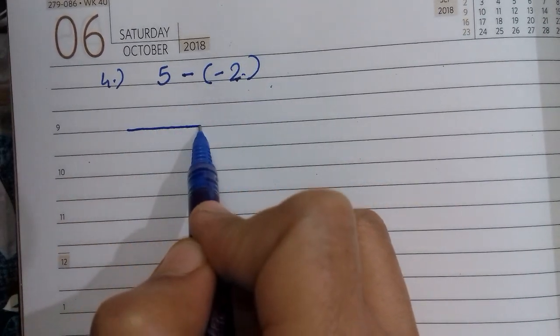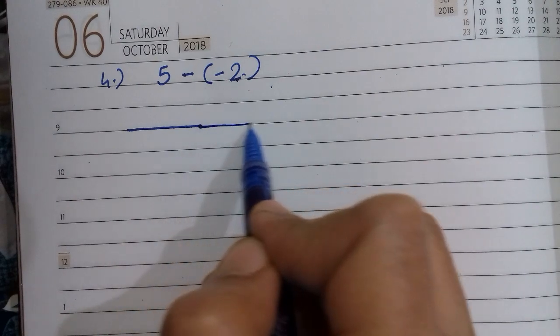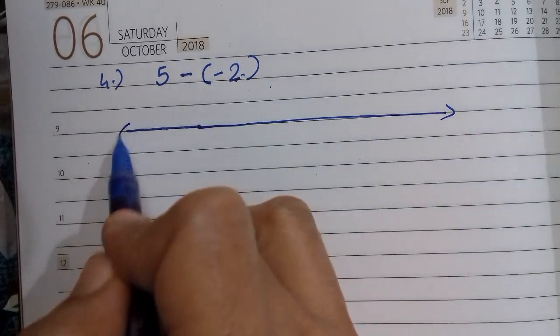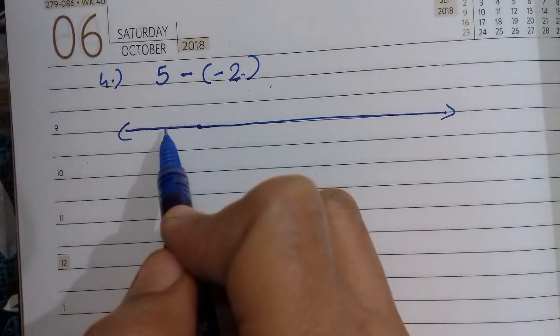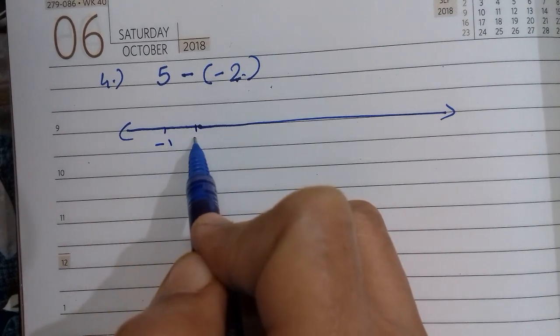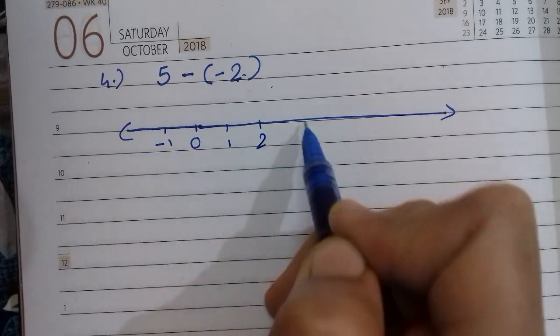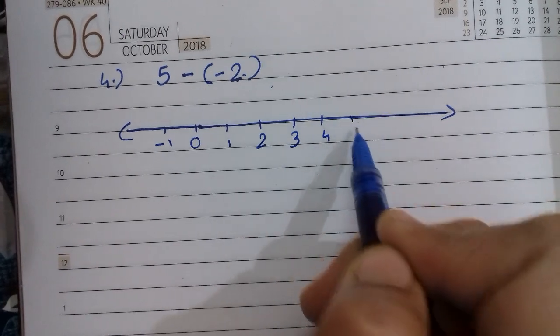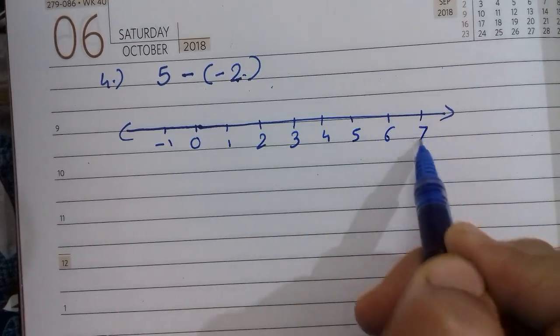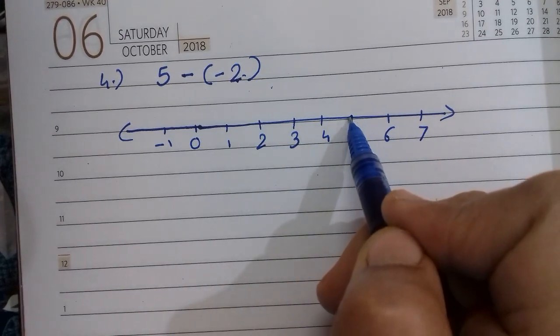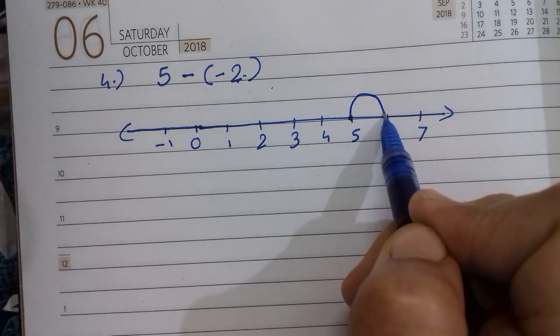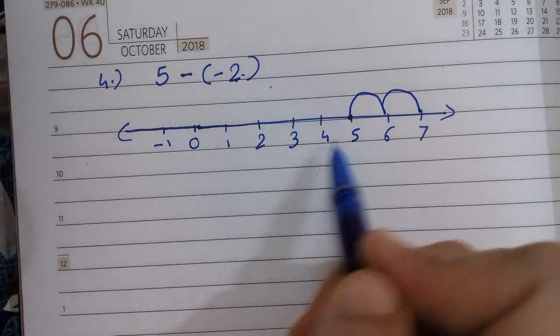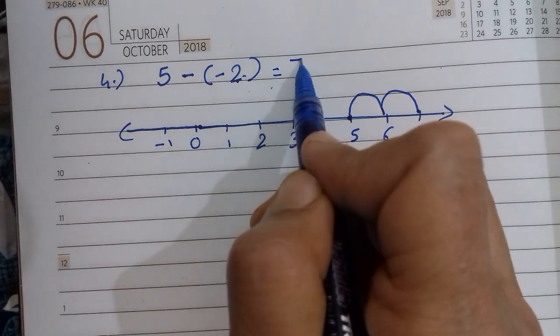So move to the right from the first integer. First, second. So the answer is 7.